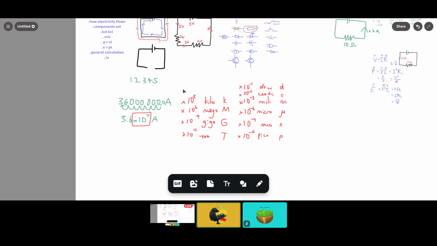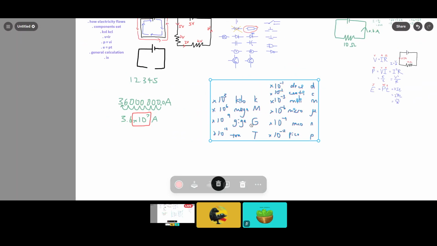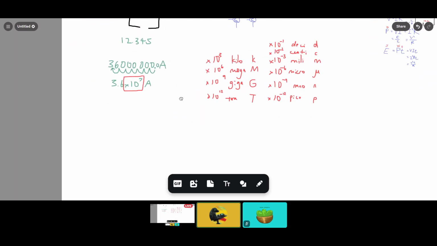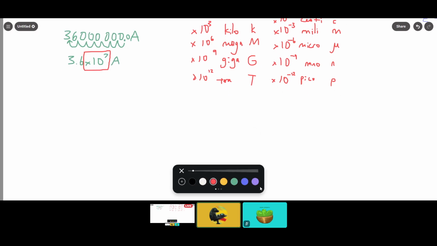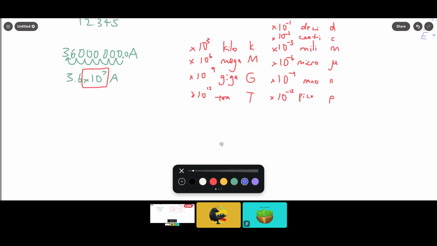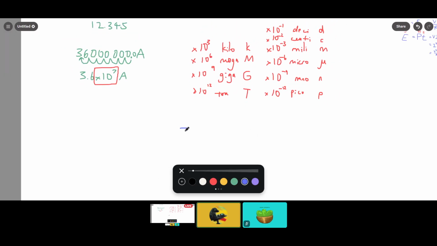So before I go on, let me just do a practice question. Let's say I have this number 3.6 times 10 to the power of 12. This is a question to show you how it's done, so don't pause the video, because I want to show you how to convert this into normal, regular form. After that, I'll do a few questions and then you can pause the video to try it out yourself.